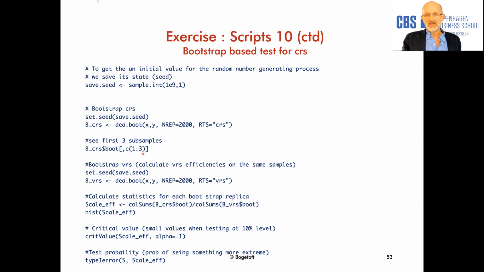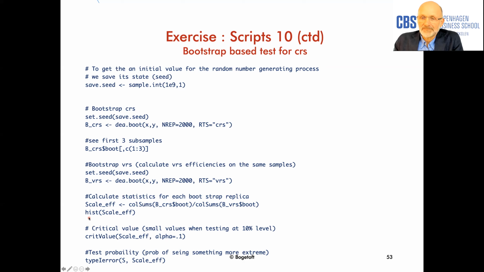And now I can do exactly the same under VRS, where I generate the same technologies, but I calculate using the VRS assumption. I calculate the same random draws, that's what I want to say, but I calculate under VRS, and then I can calculate the scale efficiency as the sums of the values I get in the CRS and the VRS numbers.